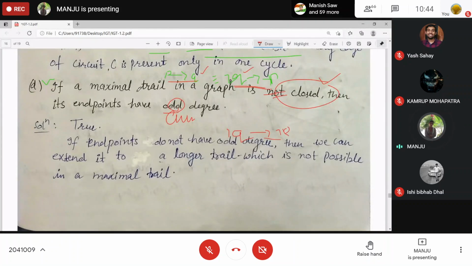Or for P implies Q, you can take a maximal trail that is not closed. Not closed means its endpoints are not the same, right? If it is maximal, we cannot extend it. It is starting from this first point U, and if it comes back to U, it has to leave again.